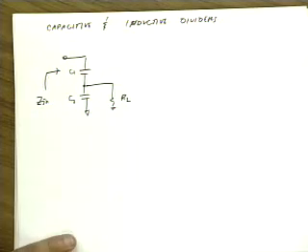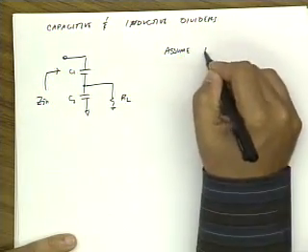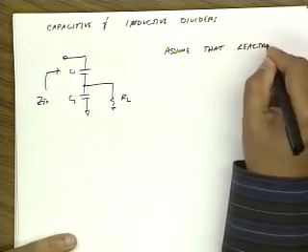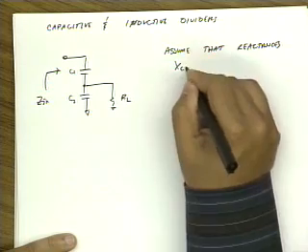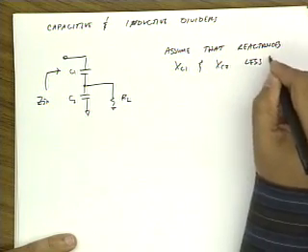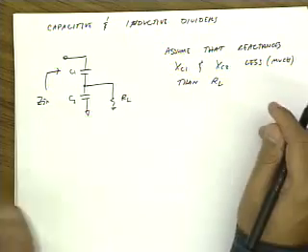We could analyze it completely and come out with an expression, but let's just come out with an approximate expression. Let's assume that the reactances XC1 and XC2 are less, let's say much less, than RL.